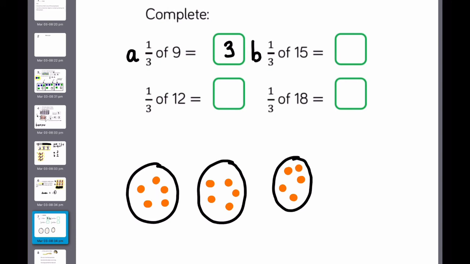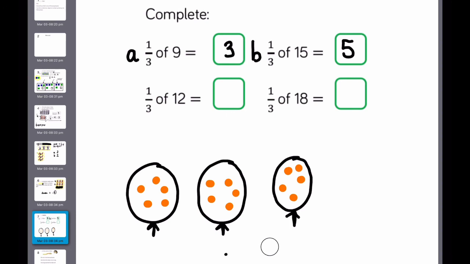Well done. So, how many in this third? 5. How many in this third? 5. How many in this third? 5. What's a third of 15? 5. Good job, year 2.